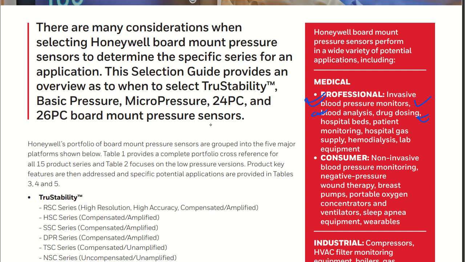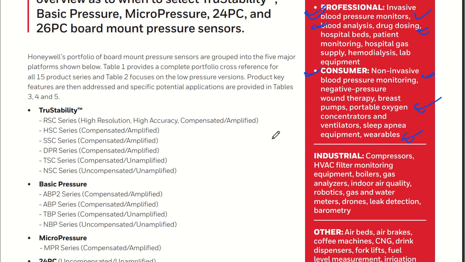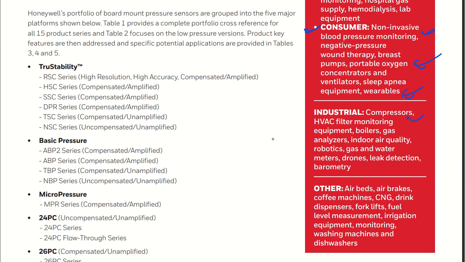Consumer applications include NIBP, non-invasive blood pressure monitors, oxygen concentrators and wearables as well. In industrial we have compressors, HVAC filtering monitors, indoor air quality, gas and water meters, and leak detection, a very good application.